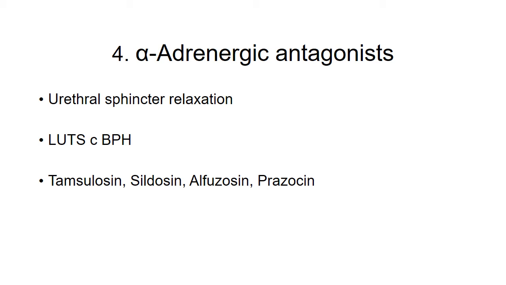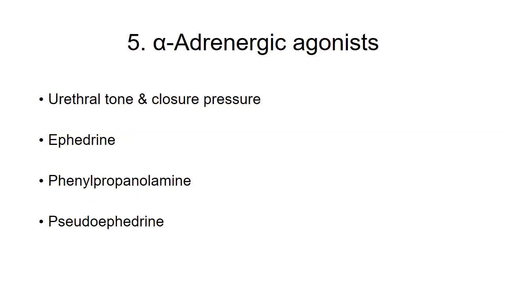Commonly used drugs are tamsulosin, silodosin, alfuzosin, etc. Then moving to alpha adrenergic agonist. It increases the urethral tone and closure pressure by direct stimulation of the alpha adrenergic receptors. Examples are ephedrine, phenylpropanolamine, pseudoephedrine.